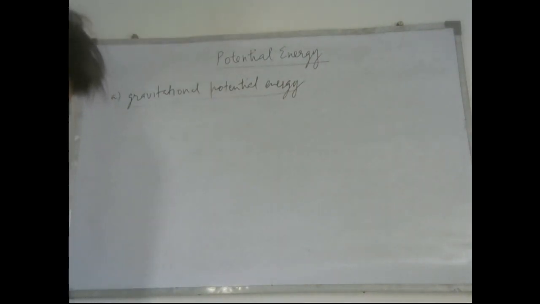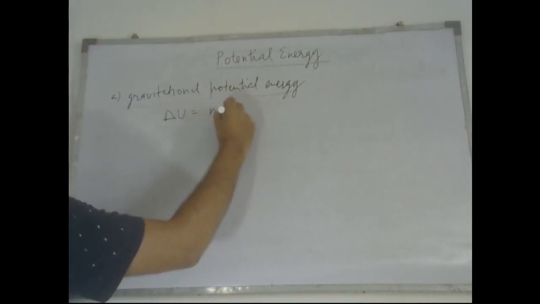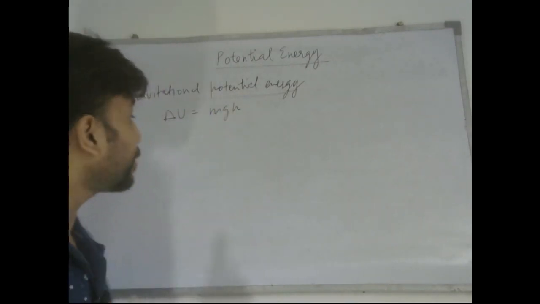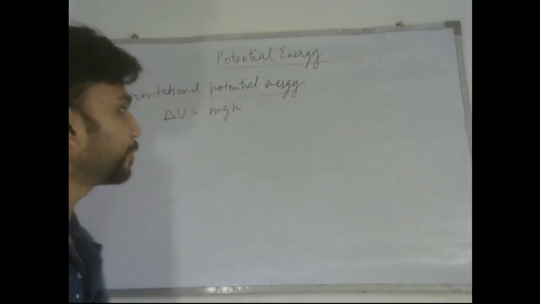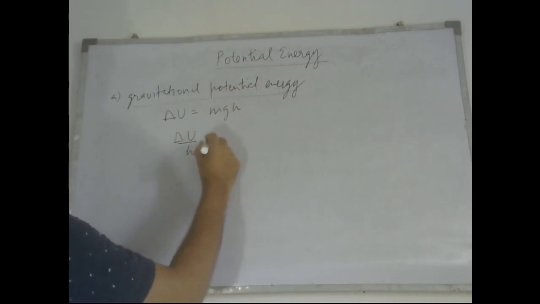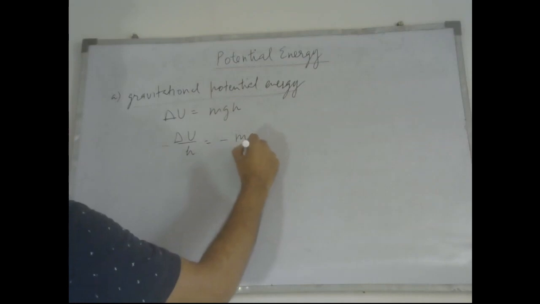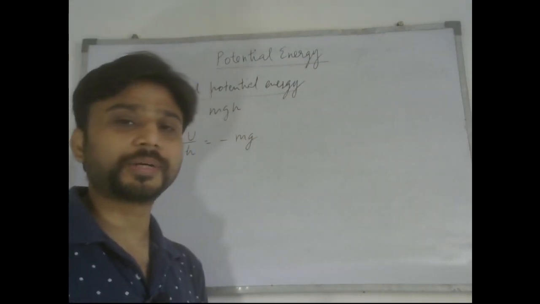Now, one thing I can note in this formula is that the change in gravitational potential energy is mgh. If I divide the change in potential energy by the distance traveled, delta U by h, and multiply by a negative sign, I would get the gravitational force acting on the particle.